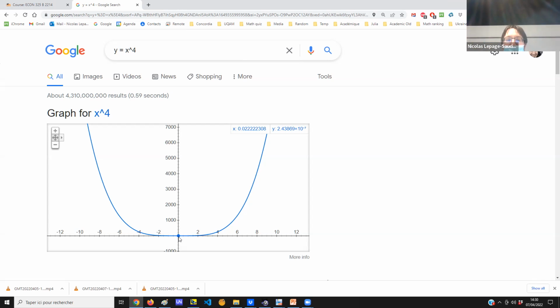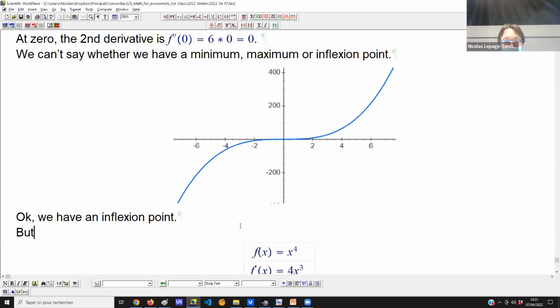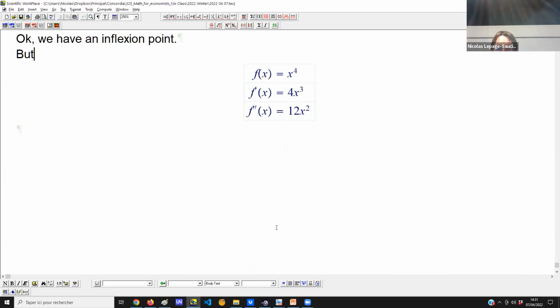I don't want to deal with this. So I cannot say. But if you combine it with the first derivative, taking the information from both and combining them, we can, yes, but it's too advanced for economics.